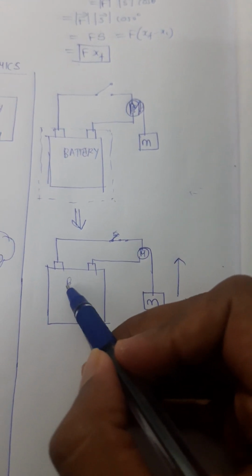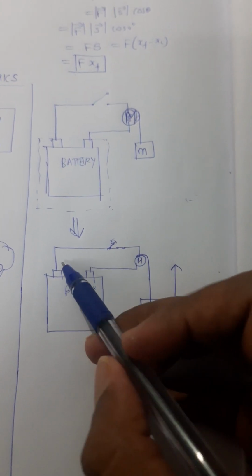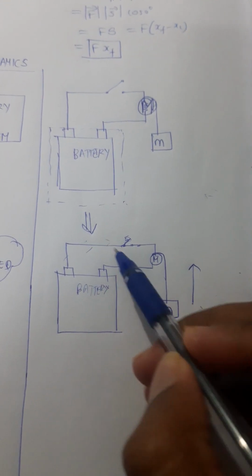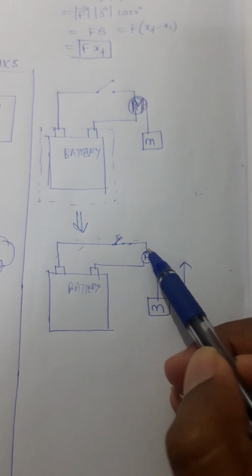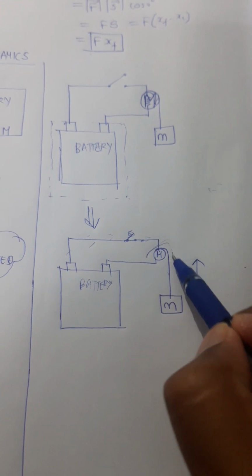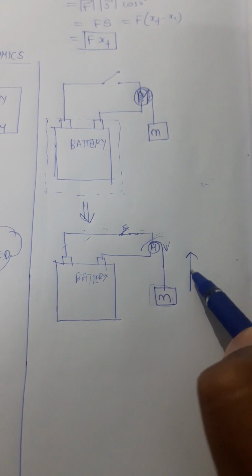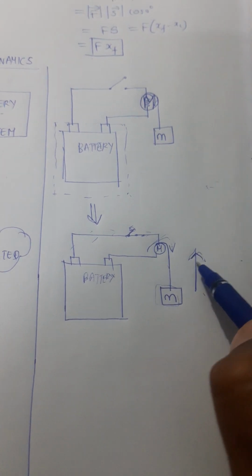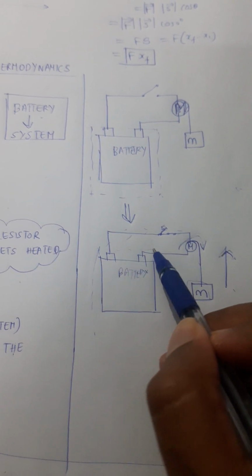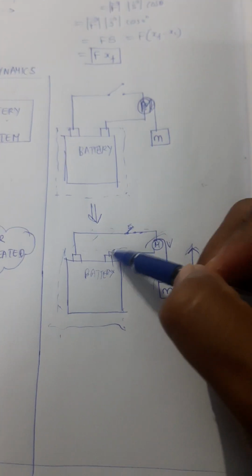This is my battery. When we close the circuit, current is going to flow in the circuit, and instead of the resistor, this motor is going to rotate. When the motor rotates, this block of mass m along with the string is going to move upwards. In this case, the battery is also my system, and everything external to the battery is my surroundings.